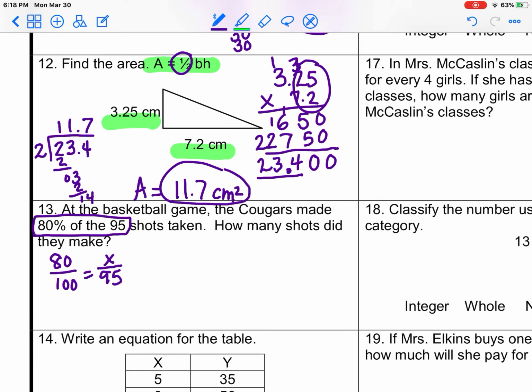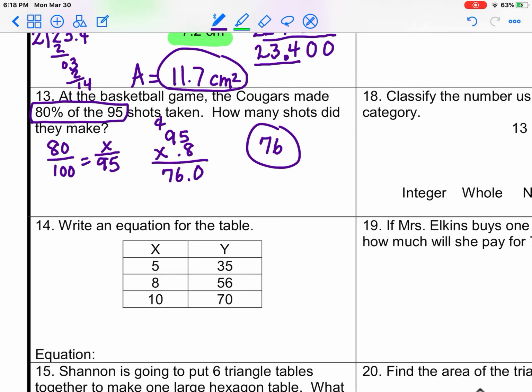We can set up this percent proportion, or more simply, we can multiply 95 times the decimal for 80%, which is 8 tenths. So multiply 8 times 5 and get 40. Multiply 8 times 9 and get 72. And 72 plus 4 is 76. Don't forget about that decimal. The Cougars made 76 shots.